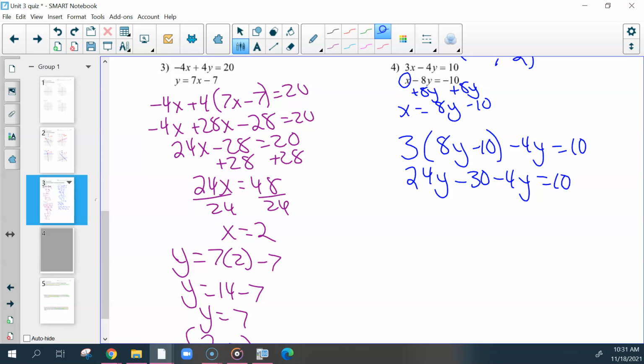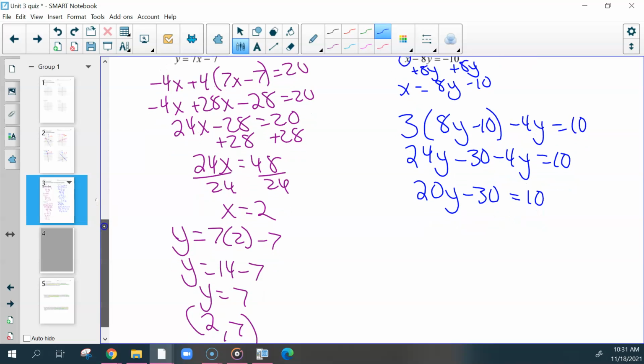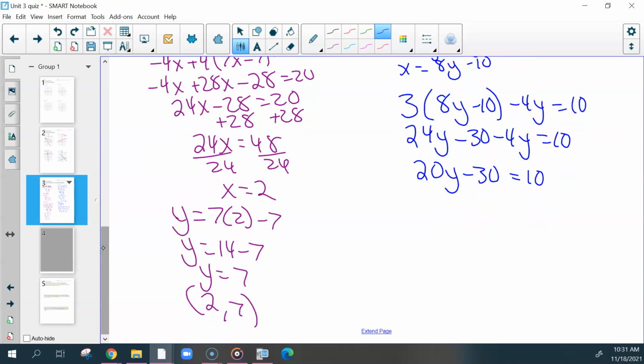Combine your like terms, so this would be 20y. And you can solve: 4y, add 30, and divide by 20.